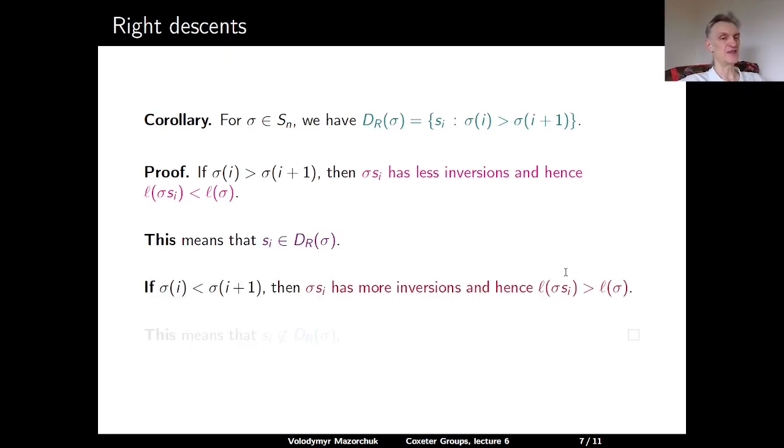On the other hand, if sigma of i is smaller than sigma of i plus 1, then sigma Si has more inversions, and so the length of sigma Si is greater than the length of sigma. So this means that Si is not in the right descent set of sigma. So we have this nice combinatorial description of the right descent set.